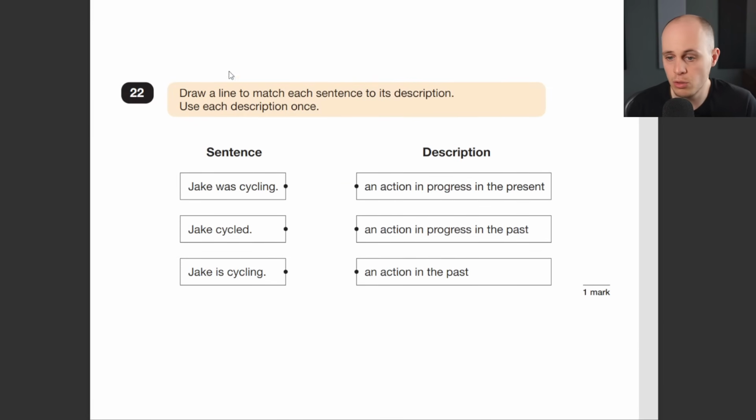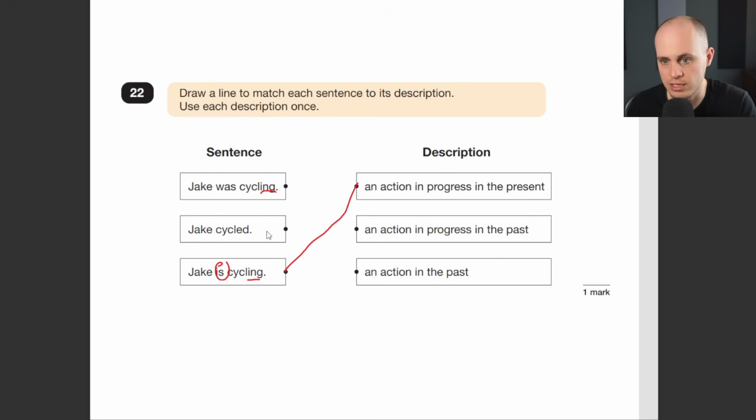Number 22, draw a line to match each sentence to its description. Use each description once. Jake was cycling, Jake cycled, Jake is cycling. So we've got two that end in ing. That's a massive clue, by the way. We've got an action in progress in the present, an action in progress in the past. Well, look, Jake is cycling means it's present tense. And that's the only one that even says present, so it has to be that one. Now we've got these two.